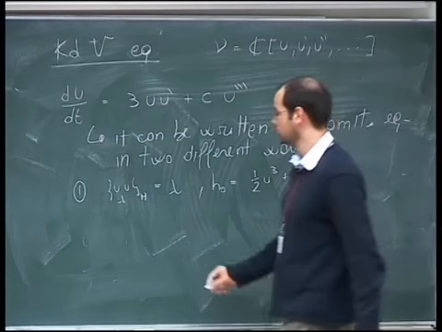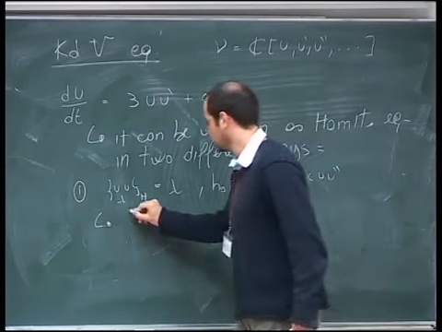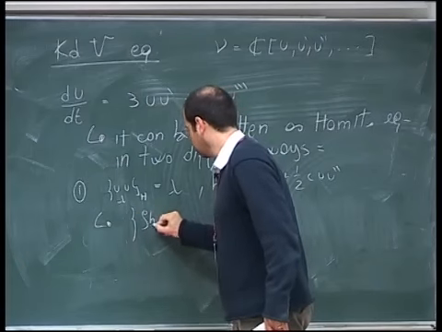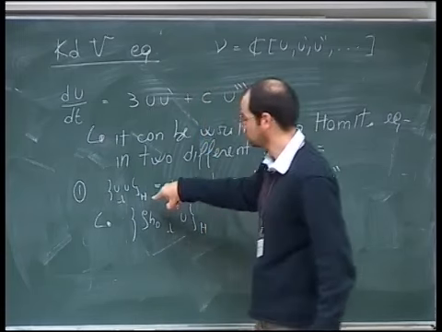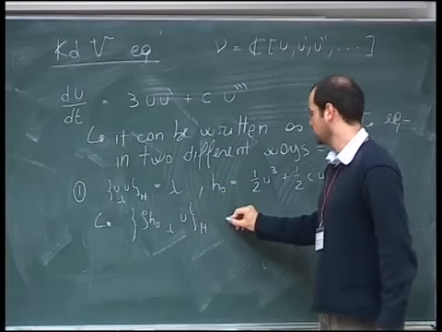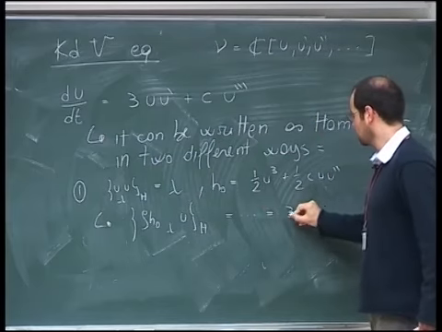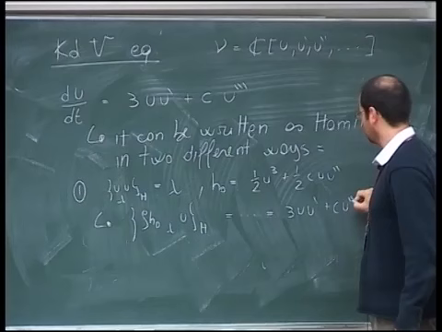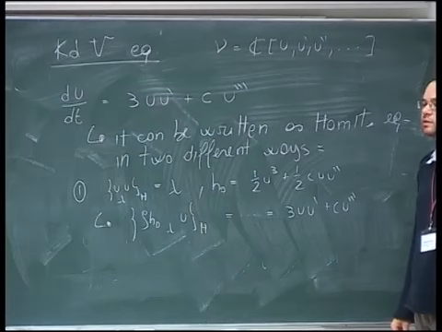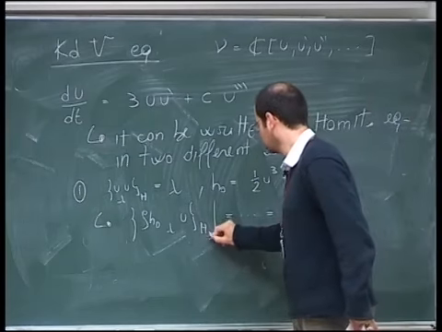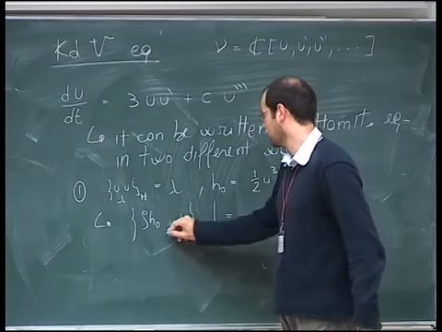Indeed, if you try to compute with this choice what is the integral of h0, lambda, u with respect to this lambda bracket, it's a very simple computation, and you get exactly this 3u u prime plus c u triple prime, at lambda equals 0.